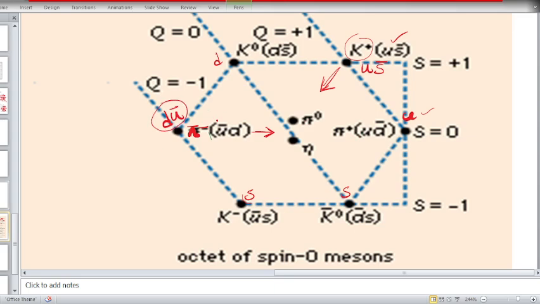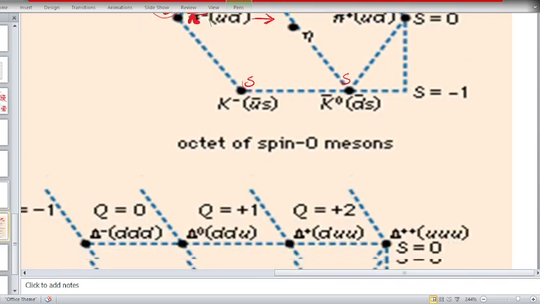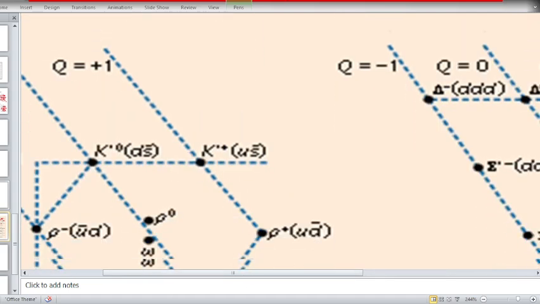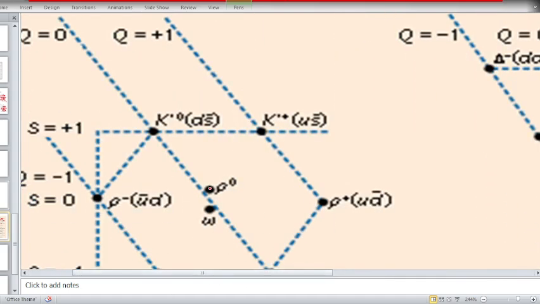So in the case of spin zero mesons, you can just use this approach to find out which are the quarks corresponding to each particle. And now we'll move to the mesonic resonances. For mesonic resonances you can follow the same procedure.